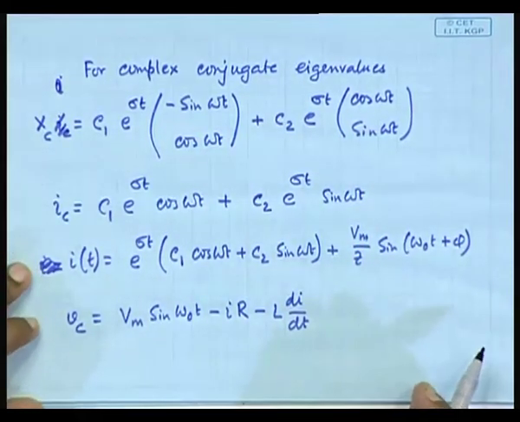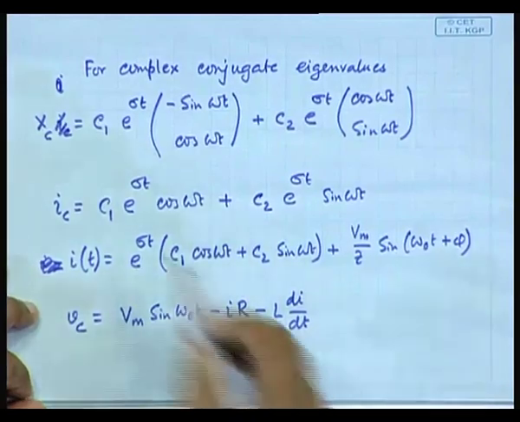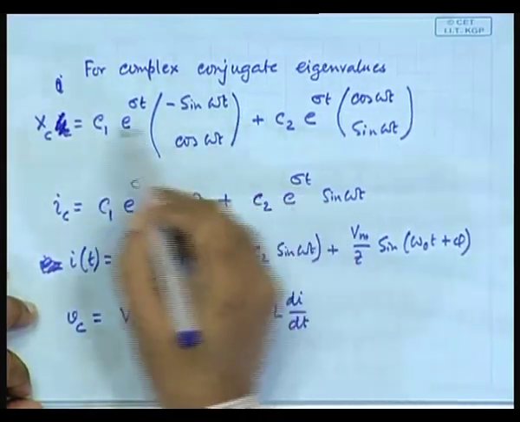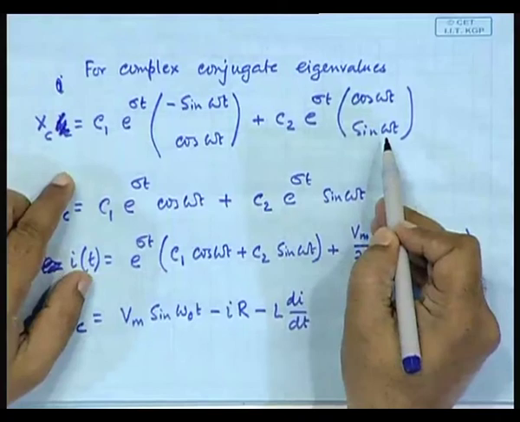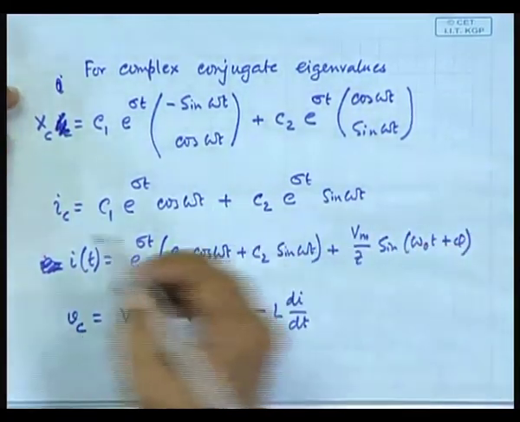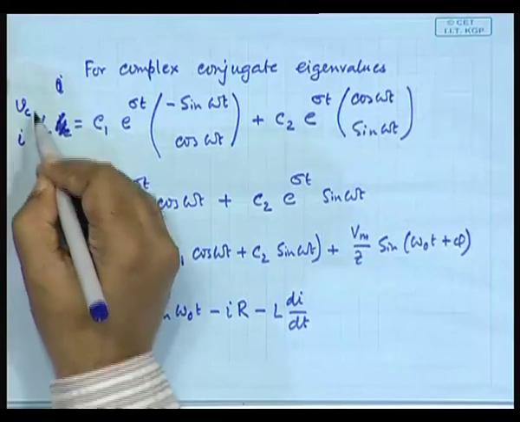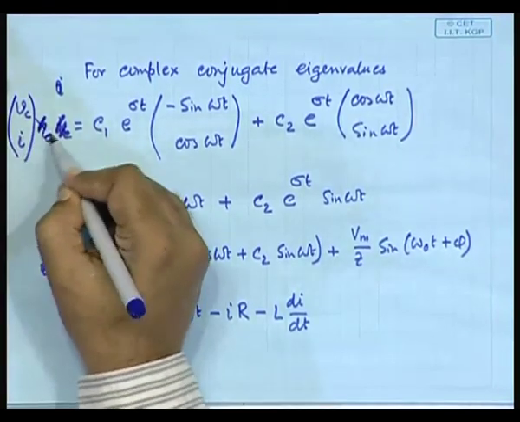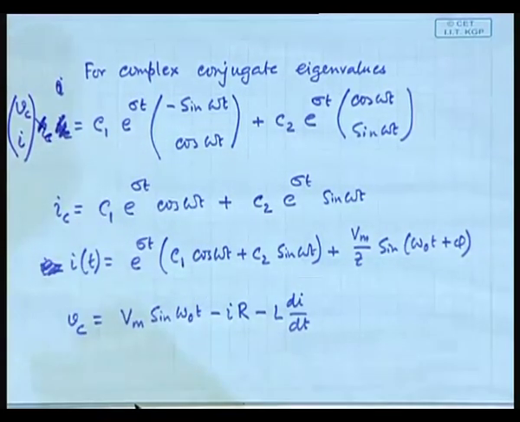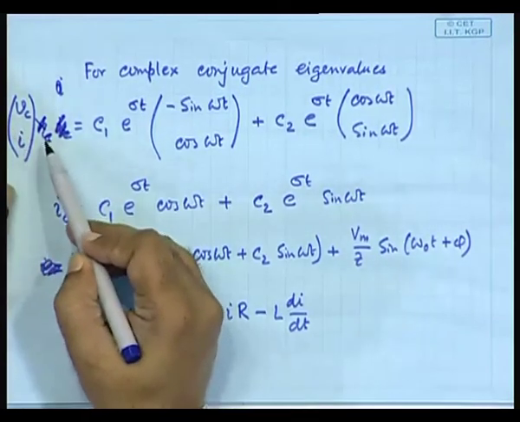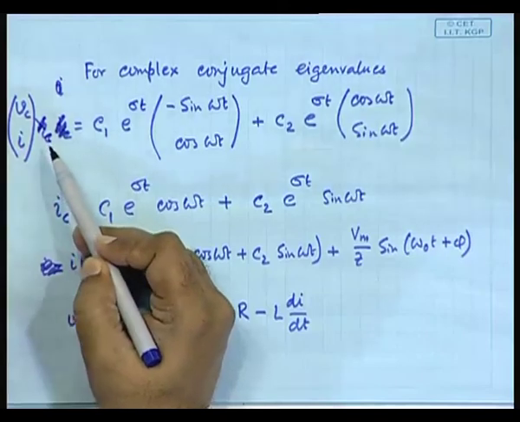How did you choose the second equation as the complementary function for IC? I mean, IC is equal to the second equation of that. This x c is actually a vector equation. The x c is actually V c I. This is x c, X and its complementary part, x as a vector.